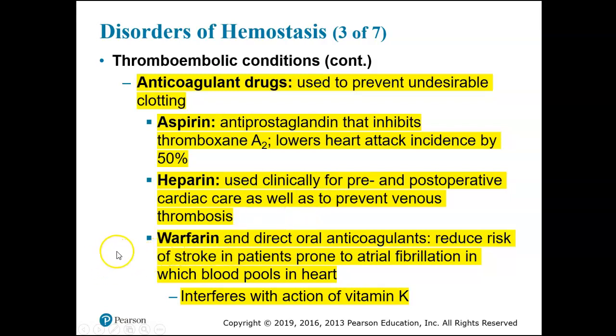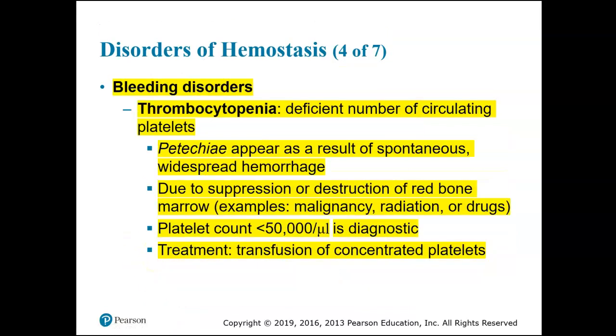Warfarin is a direct oral anticoagulant, so it's a pill that you take that reduces the risk of stroke in patients prone to atrial fibrillation, in which blood pools in the heart. Warfarin interferes with the action of vitamin K.